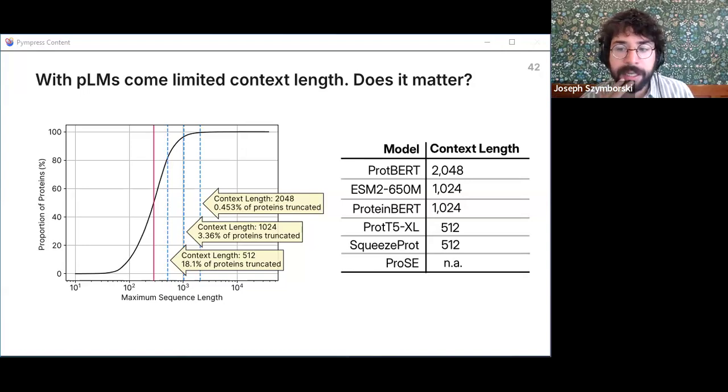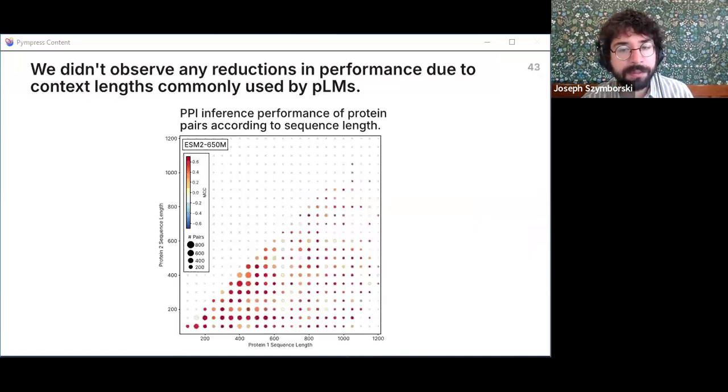It's 2048, and only 0.4% of all proteins that we know of in the human genome are truncated at this length. But some of them, like ProtT5-XL, truncate at 512, where almost 20% of proteins are truncated. So there are some serious implications there, perhaps, for how this affects performance.